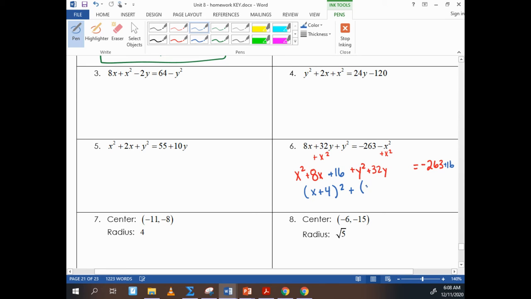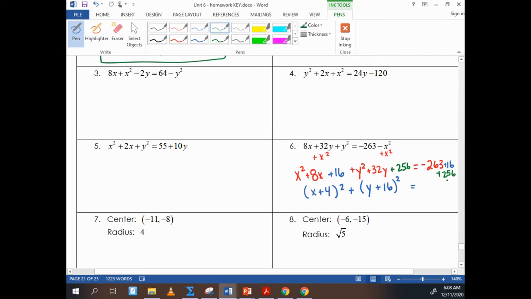Do the same thing with your y's. Oh, this is a nice big number. Half of 32 is going to be 16. We'll square that. So when I square 16, my calculator says 16 times 16 is 256. So we're going to add 256 to both sides of my equation here.